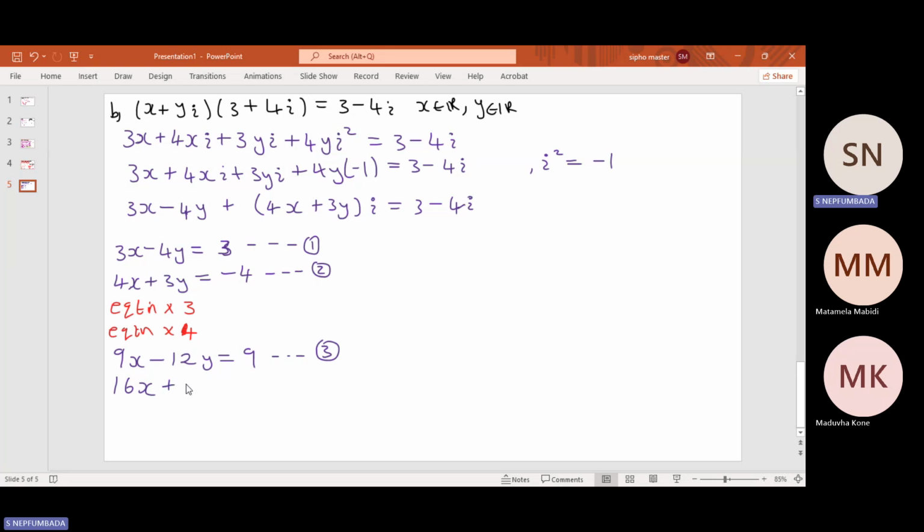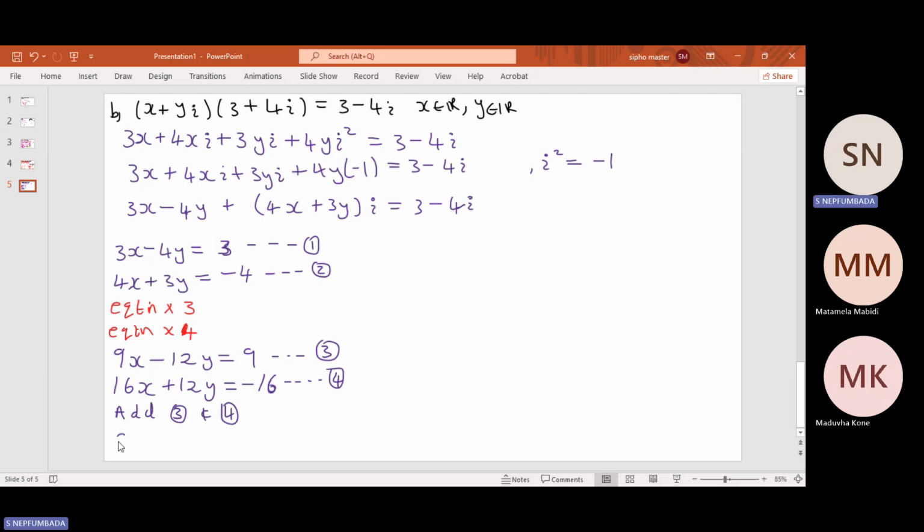Then that one times 4 is 12y is equal to minus 16. Then this is equation 4. And we're going to add those two equations, equation 3 and 4.